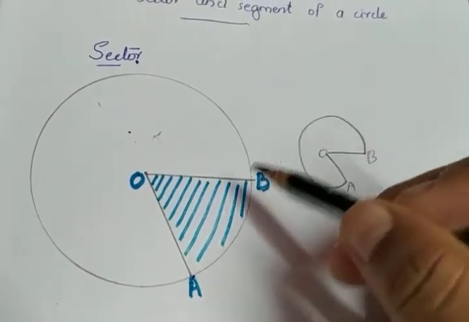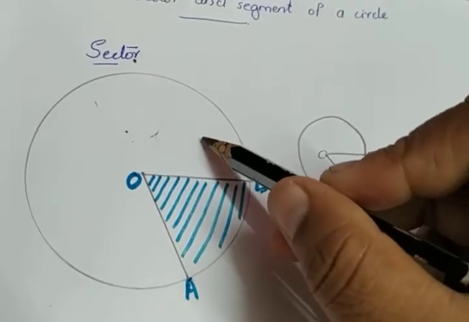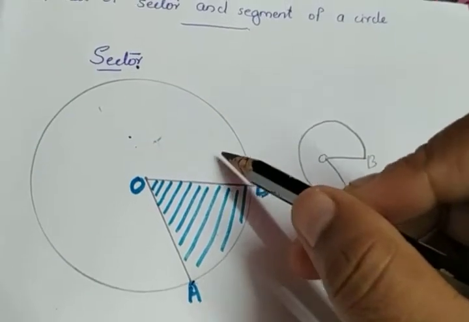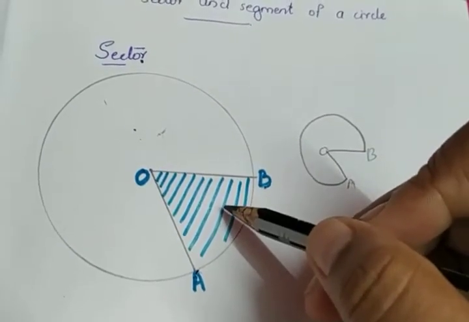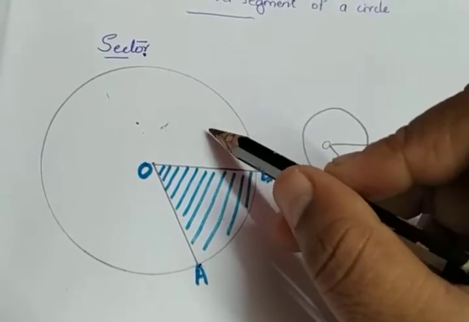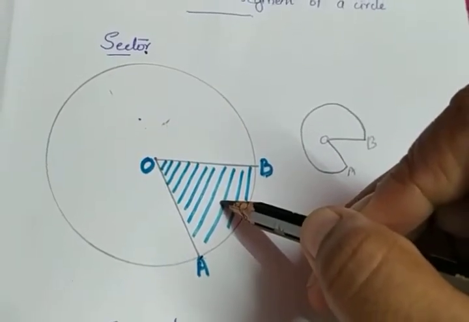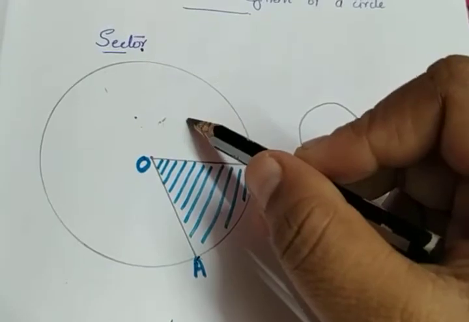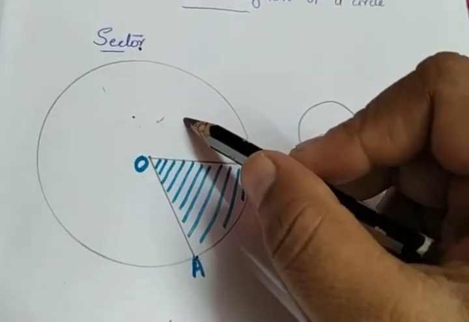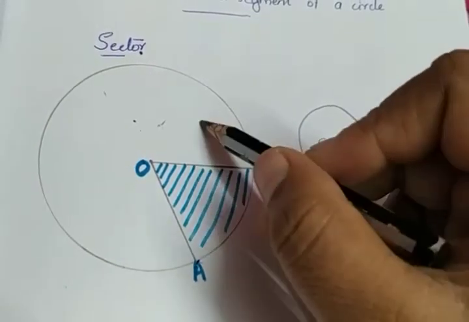What makes the difference between the shaded portion and the unshaded portion? Both are sectors. What makes the difference is the area, isn't it? This is smaller in area compared to the unshaded portion. So the area which we shaded is called a minor sector, and the area which is unshaded is called a major sector. Both are sectors.